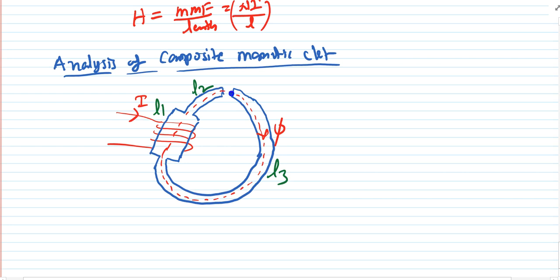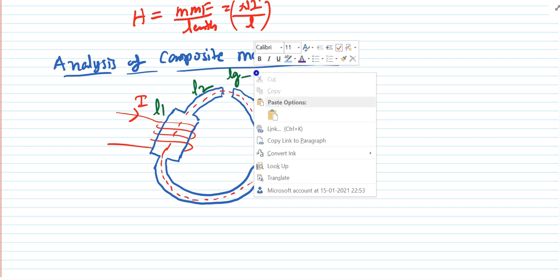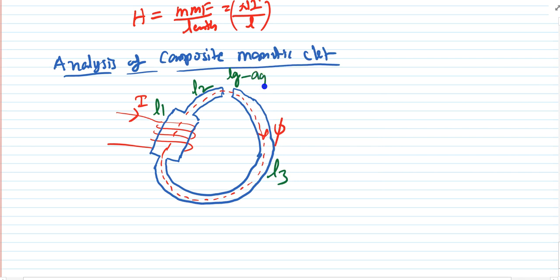This air gap is also acting as one material here. Assume LG is the length of the air gap, and the cross-section area of this air gap is assumed to be AG, the cross-section area of this material is A3, of this material is A1, and of this material is A2. So these are the different assumptions I am making here.